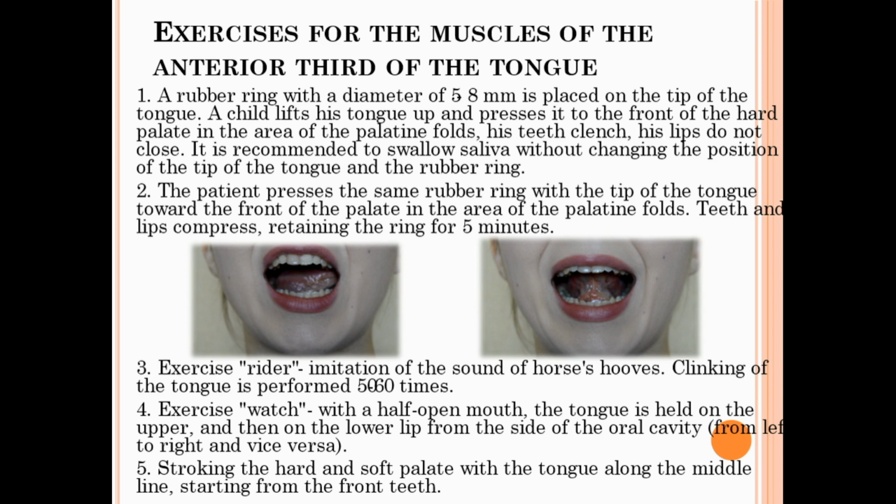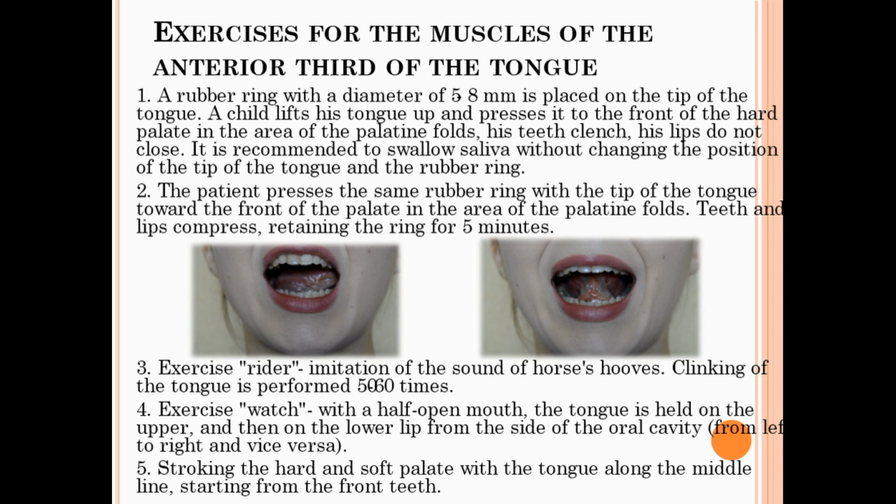Exercises for the muscles of the anterior third of the tongue. A rubber ring with a diameter of 5 to 8 millimeters is placed on the tip of the tongue. A child lifts his tongue up and presses it to the front of the hard palate in the area of the palatine folds.